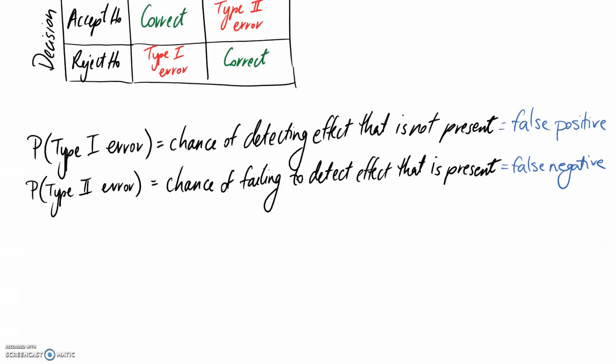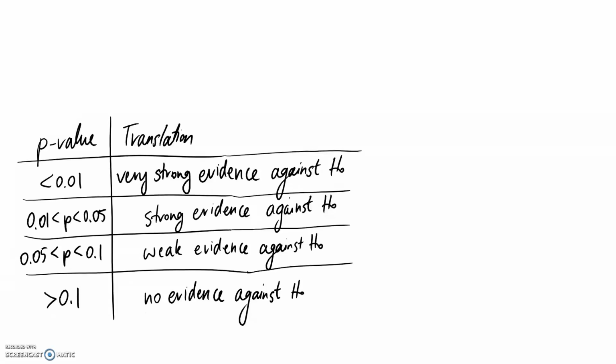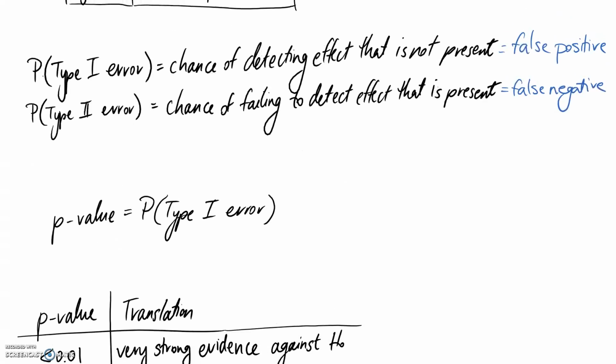Alright, so moving on to the next bit. What we're going to talk about here is p-values. A p-value is what we look at when we do these hypothesis tests, and we can equate it to the probability of getting a type 1 error. Going back up here, a type 1 error was the chance of detecting an effect that's not present, or having a false positive.